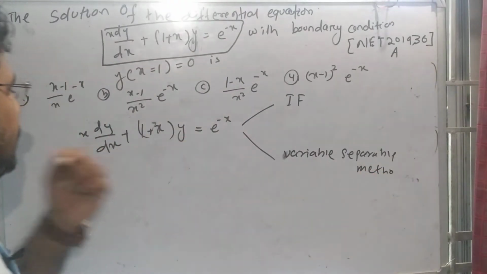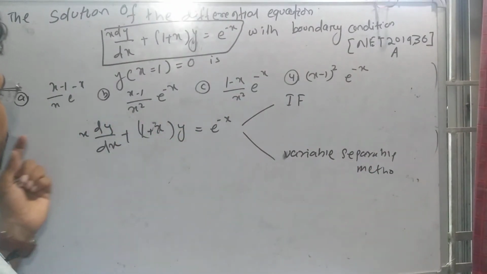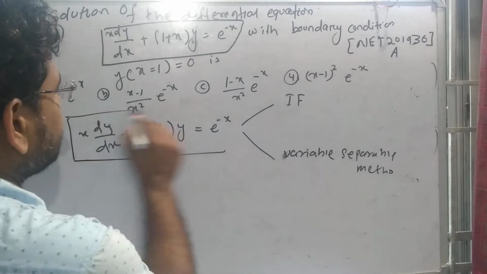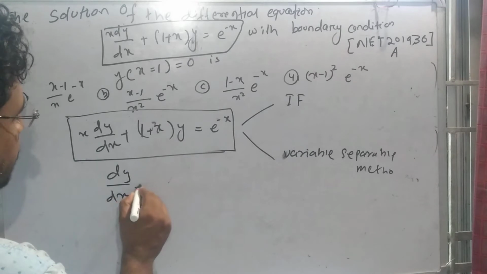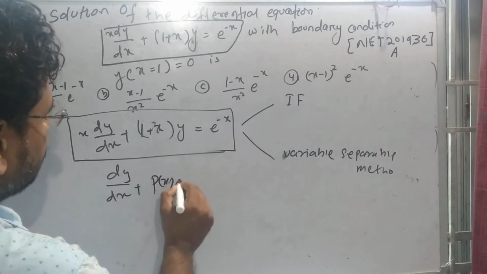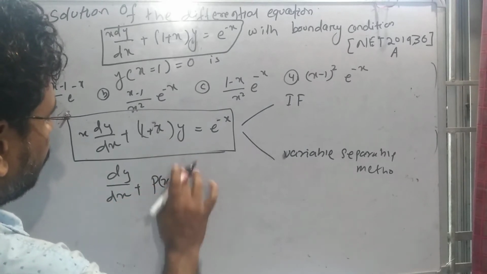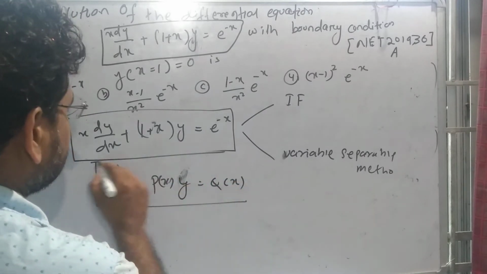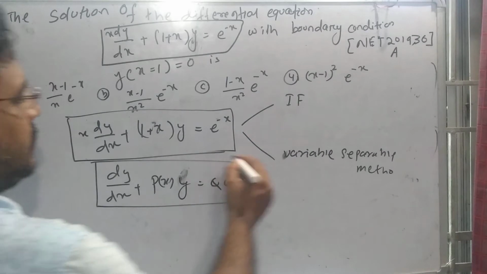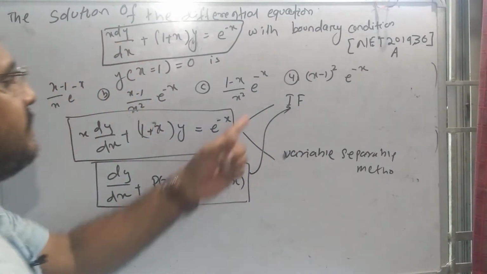Generally, if the equation is in the general form, dy/dx plus p of x times y equals q of x, then we generally use the integrating factor method.